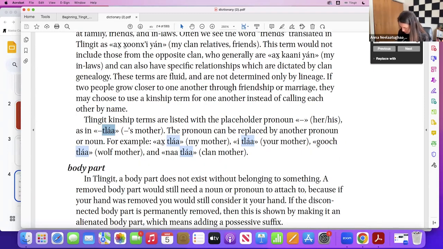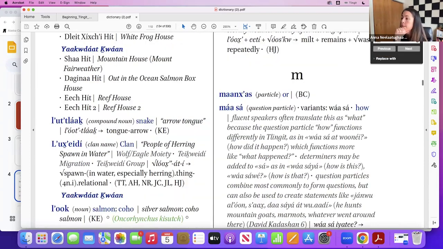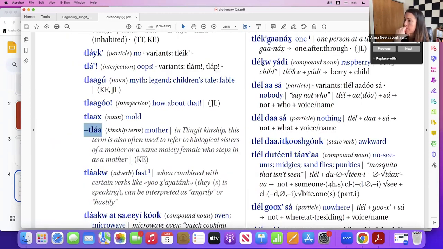I'm gonna put a dash, and hopefully it'll take me to the entry. Where is it? Yeah, here. If you look up tla, it'll have this dash in front of it, and that just tells you you need to put whose mother in front of it. You wouldn't just say tla on its own.